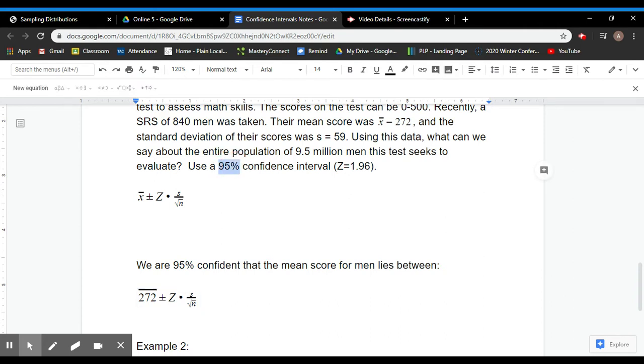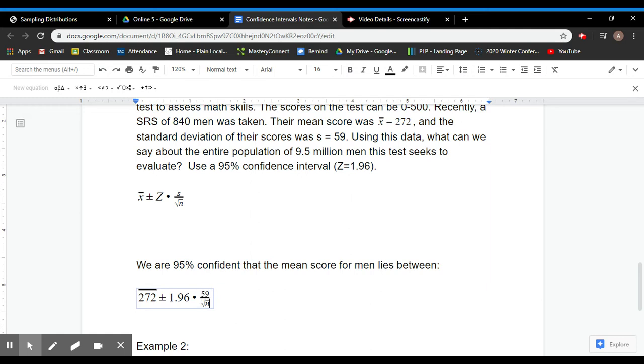Remember, z changes on level of confidence, so when we have 95% confidence, z is 1.96. The next thing you need to replace is s. S is your standard deviation, and the standard deviation of the scores was 59.